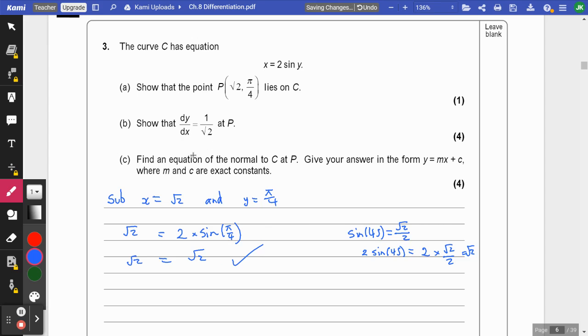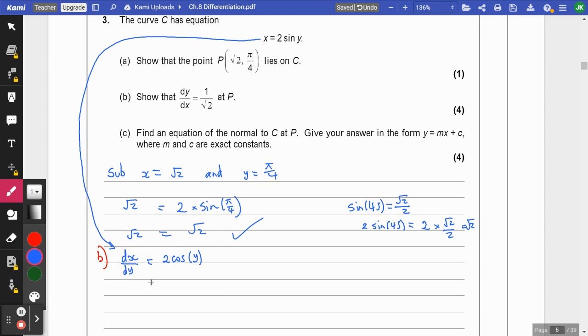Part B, show that dy dx equals 1 over root 2 at P. Well, this is where we use the consequence of the chain rule whereby dy dx is 1 over dx dy. So we can say, first of all, dx dy is equal to 2 cos y.